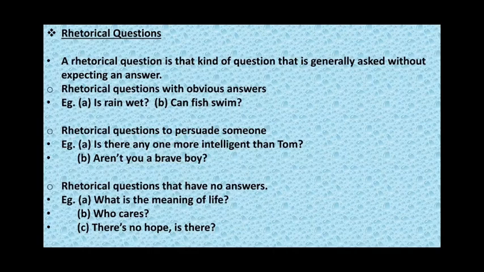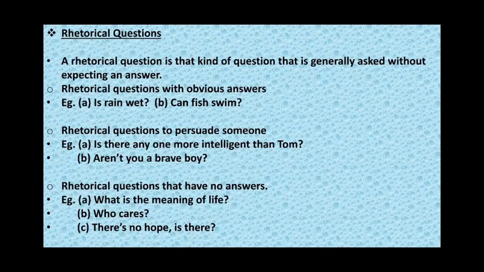Next is, can fish swim? So again here, these are obvious questions which do not need any kind of answers. Next, rhetorical questions to persuade someone. For example, is there anyone more intelligent than Tom?